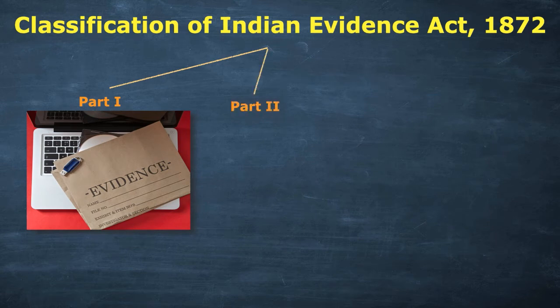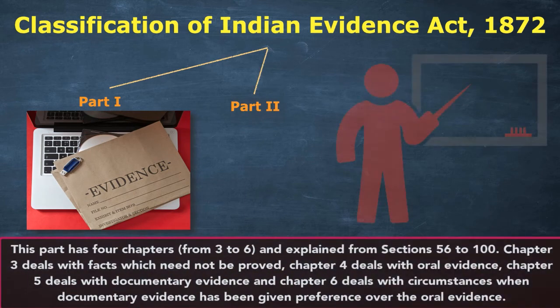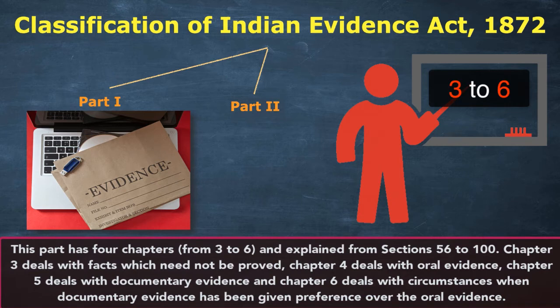Now come to the second part. It has 4 chapters, from 3 to 6, as the first 2 chapters were covered by part 1, and we know that there are 11 chapters in total. It covers sections 56 to 100.